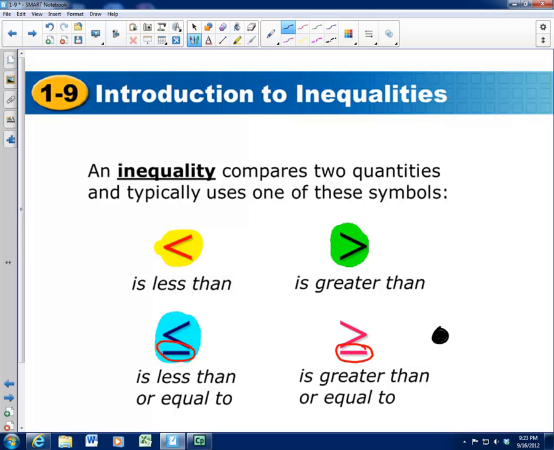And then we'll go whichever direction it goes. This one's the same way, filled in dot. Now this is going to be important for just a moment, and you'll see what I'm talking about. If it's just less than, we're going to graph that with an open circle, and if it's just greater than, we'll also graph that with an open circle. And you'll see exactly what I'm talking about on this next slide.